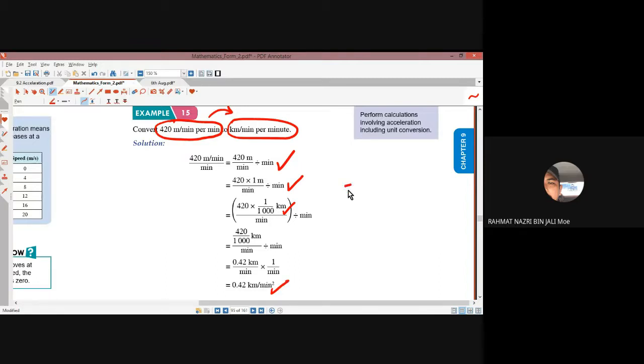Ataupun kita boleh tulis the simple one. 420 meter minute multiply by divided by minute. Okay, we just focus on the meter only. We convert meter to kilometer. So divided by 1000.